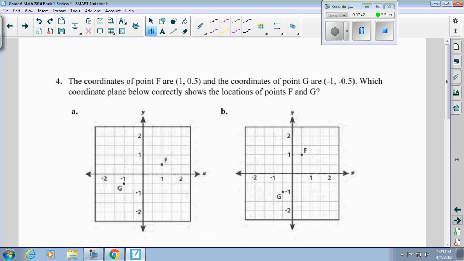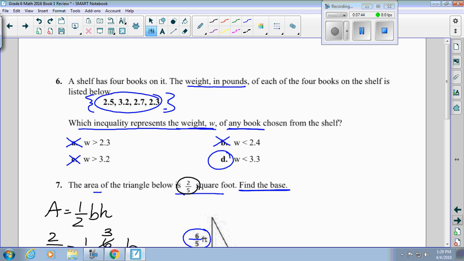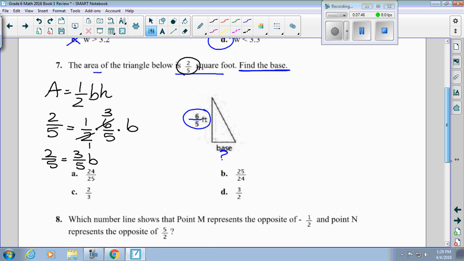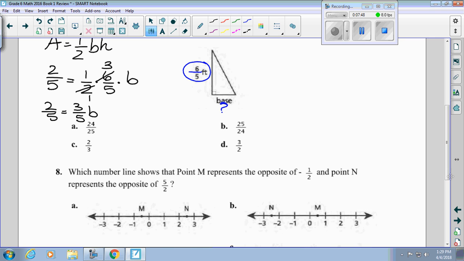So flipping back to the page that we're on, if you look at this, instead of a 4 being here, we have 3/5. So we need to divide each side by 3/5. So I'm going to take 2/5 essentially and divide it by 3/5.